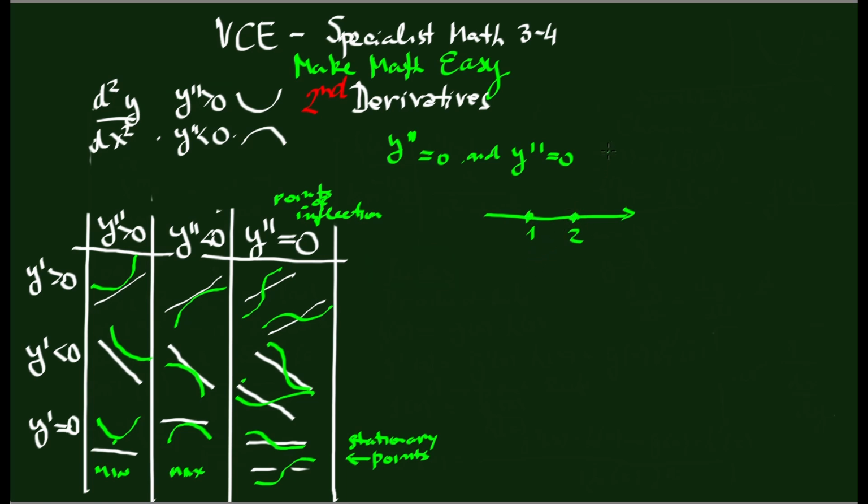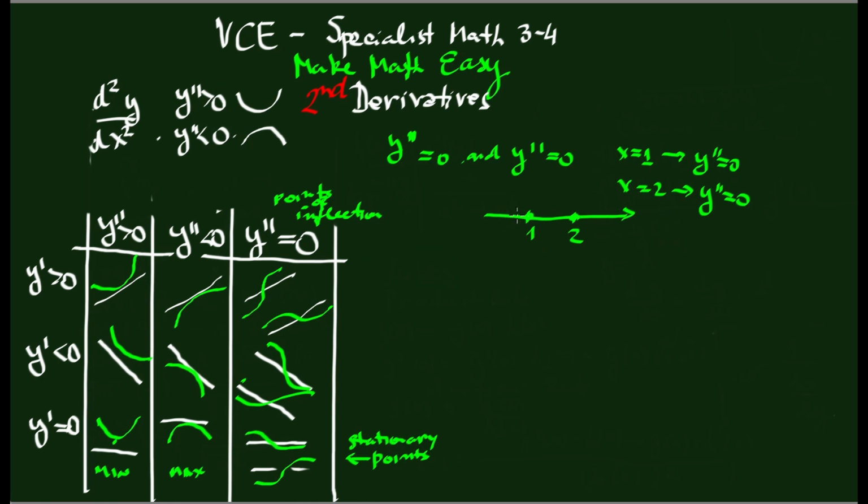So when x equals 1, we have that the second derivative is equal to 0, and when x equals 2, the second derivative is equal to 0. But to make sure that they are points of inflection, we check the sign.